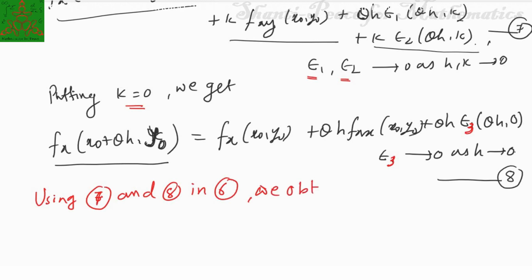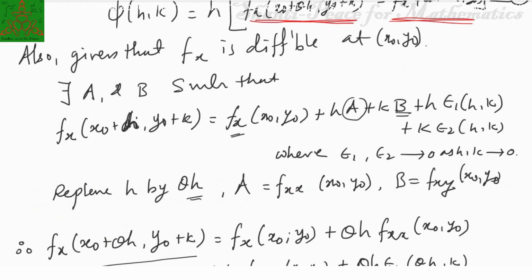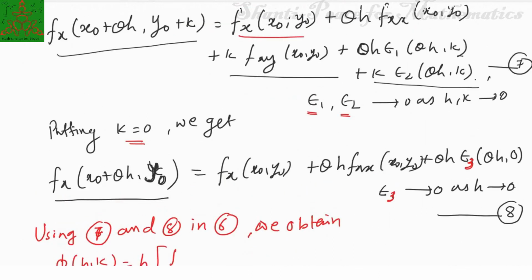we obtain phi of hk equal to h into, see, phi of hk is this here, fx at this. So fx at this value we have calculated here. So that is fx at x0 y0 plus theta h fxx at x0 y0.